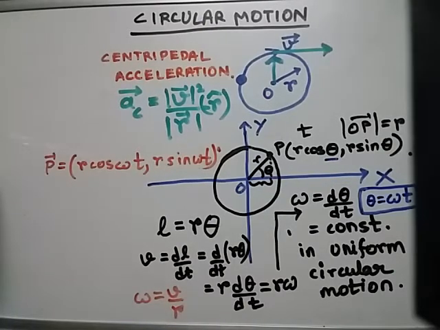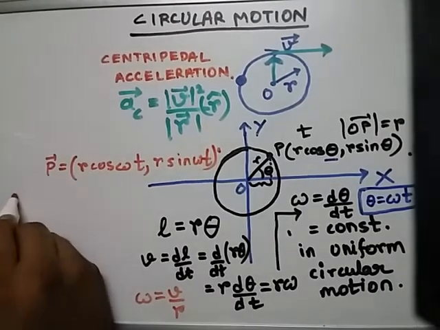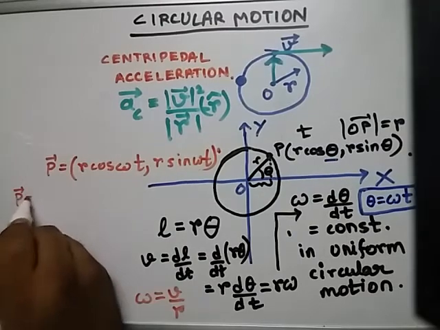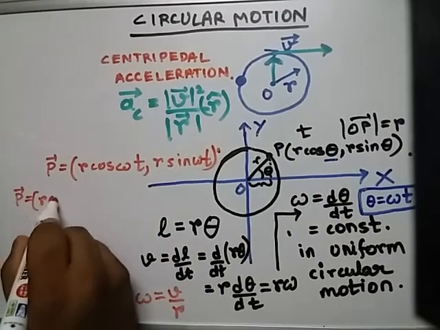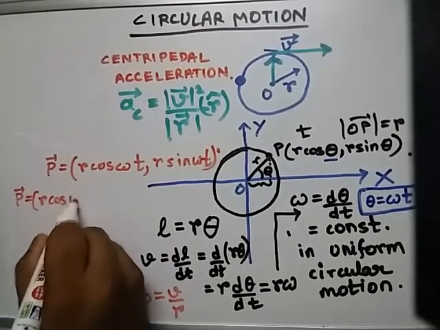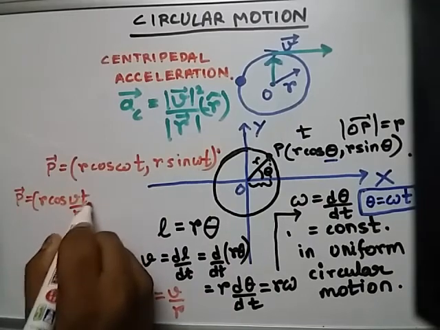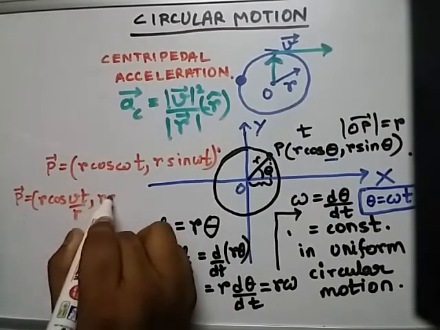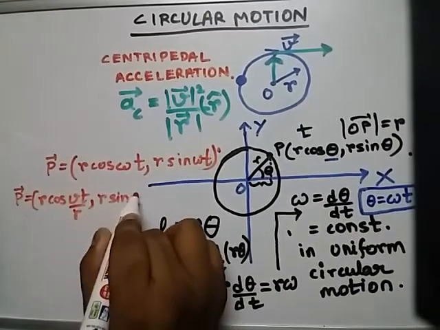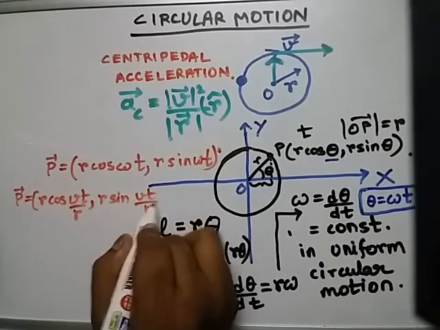So let us replace omega in this equation. We get P equal to R cos (vt by R), R sin (vt by R).